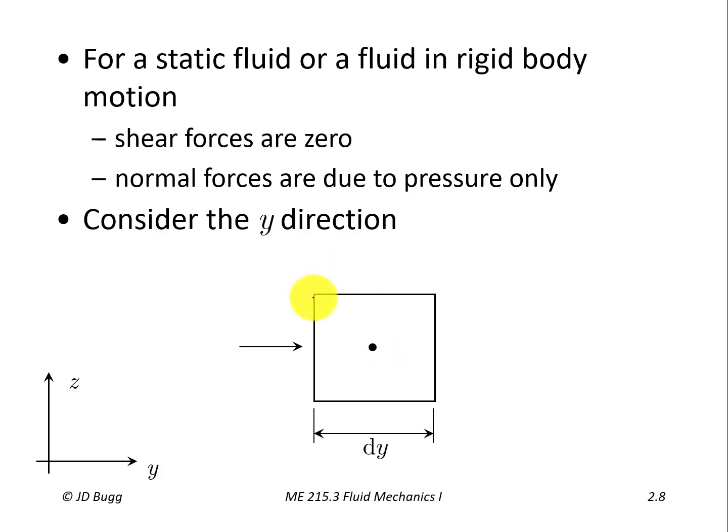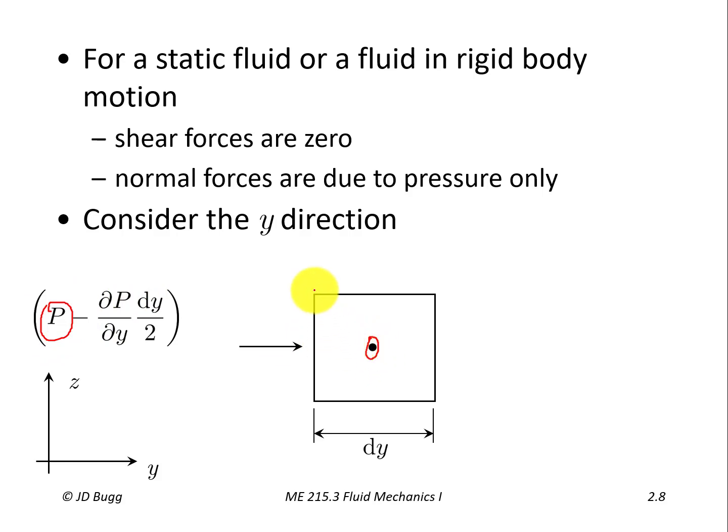So the pressure on the face of this cube, on the left face of this cube, will be P minus partial P partial y times dy over 2. I want to explain exactly where this is coming from. Now remember, this P here is the pressure at this location.